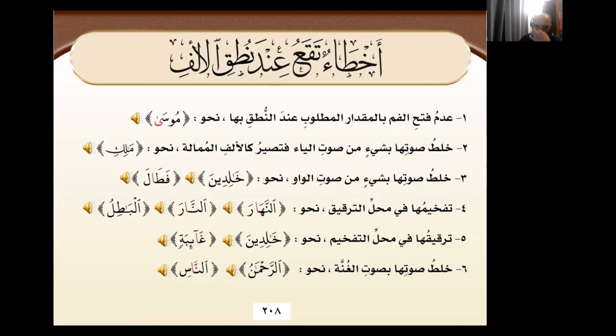This is what he means with mistake number 6. He says خلط صوتها بصوت الغنة, meaning mixing the sound of alif with the sound of ghunna. Okay, is that clear? Yes.